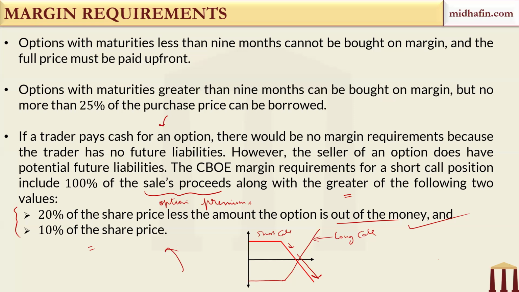Vedant is asking: if the margin account balance is less than the required margin, would the exchange not allow the short position holder to execute the trade at all, or would it allow it with some penalty interest charge?